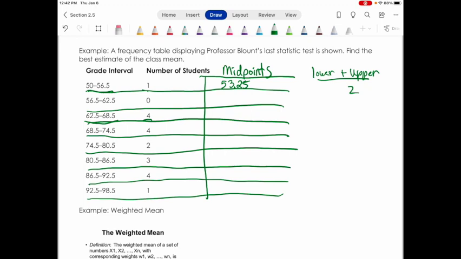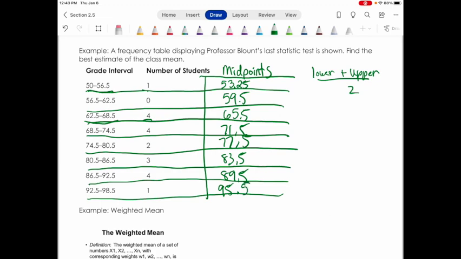And then I'm just going to do that for each of these intervals. On the second interval, I'm going to get 59.5. On the third interval, I'm going to get 65.5, then 71.5, 77.5, 83.5, 89.5, and then 95.5.